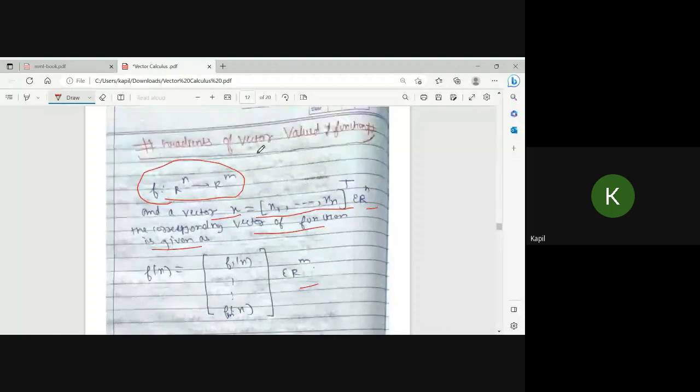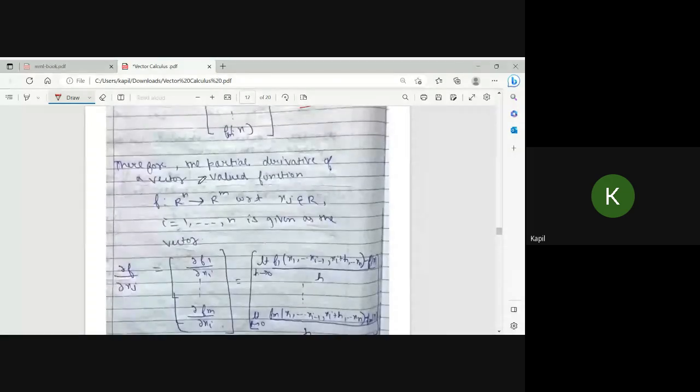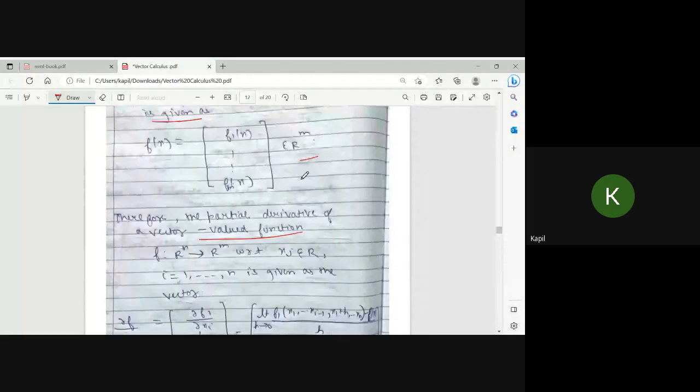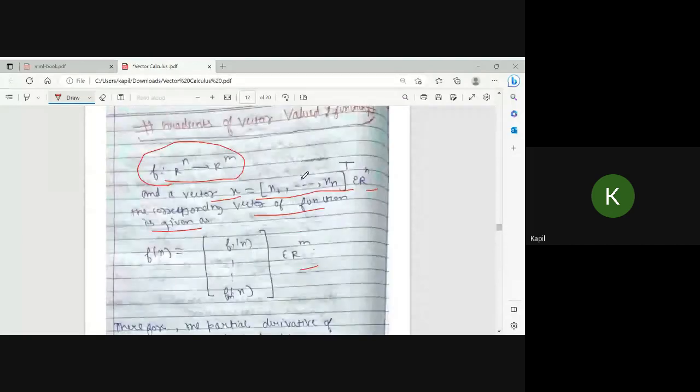Therefore, the partial derivative of a vector valued function. First of all, we know that the gradient is nothing but the collection of the partial derivatives with respect to each variable.